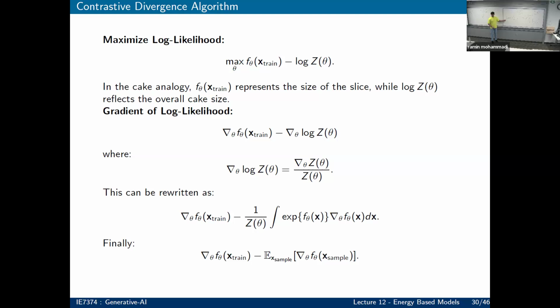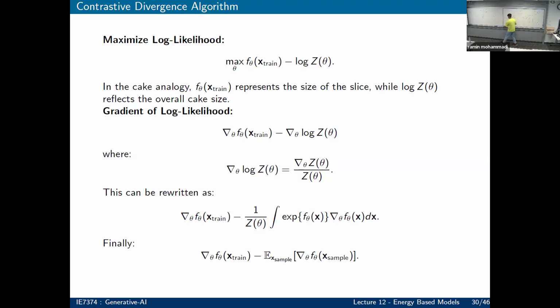So what we do is apply the log to this. The log of a division becomes a log of a subtraction. Then you apply the derivative, because your goal is to find this theta anyway. So you take a derivative with respect to theta.